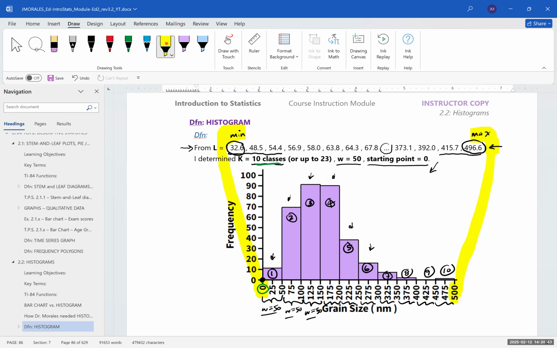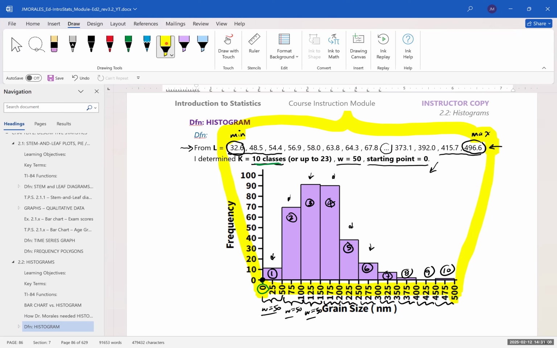So the bounds we have here in our histogram are designed to contain all of the data in our data set or in the random variable. All of this has to be prepared with care, with intention.